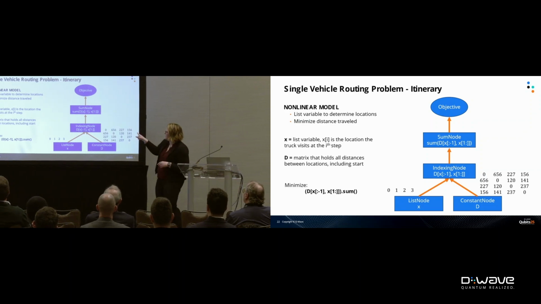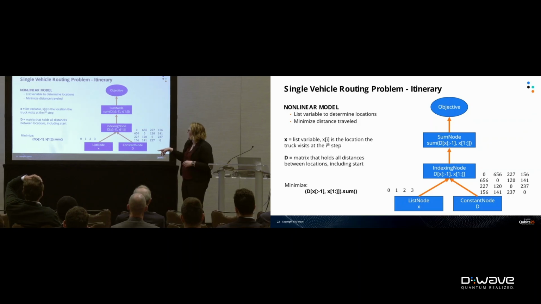Here is a distance matrix where, for example, we have on the diagonal the distance from basically staying in the place where you are. There's no distance there. But if we move from location 0 to location 1, then we have 656 units of distance, assume feet.